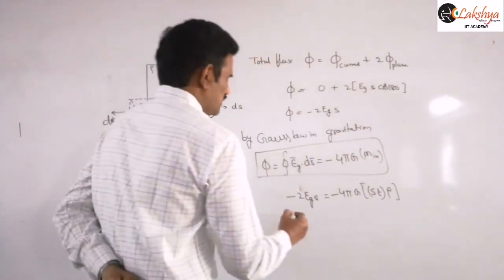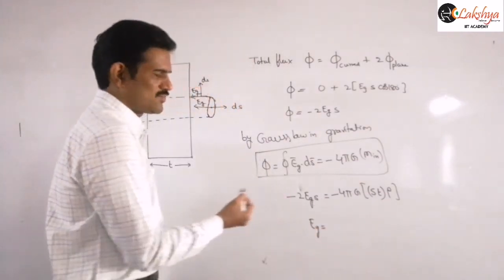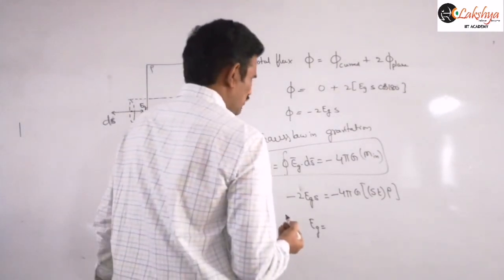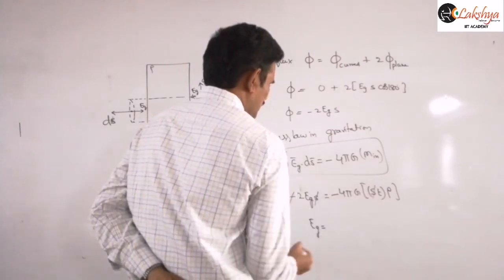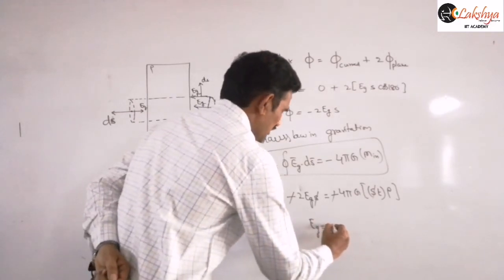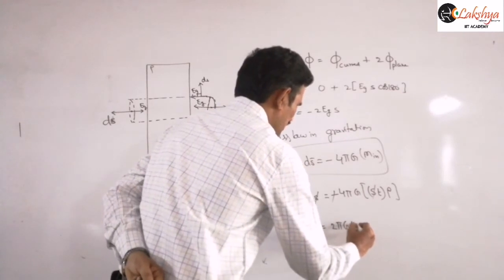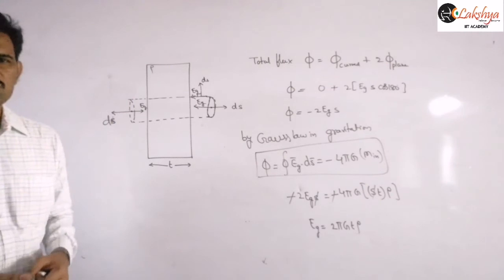And this is the acceleration due to gravity. Now the negative sign cancels on both sides, S also cancels, and 2 also cancels. So I can write this as Eg equals 2 pi G into T into rho.